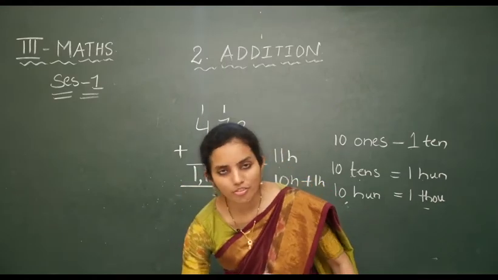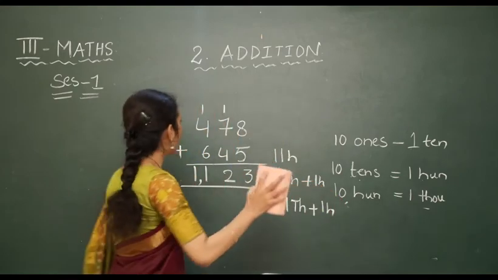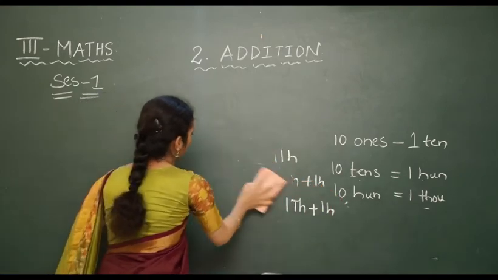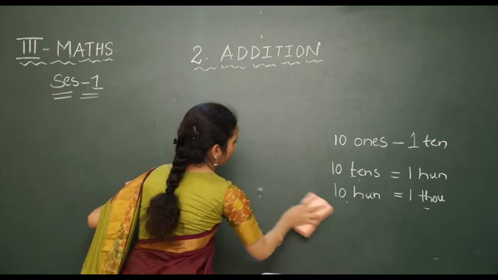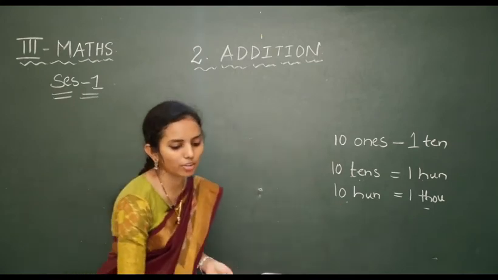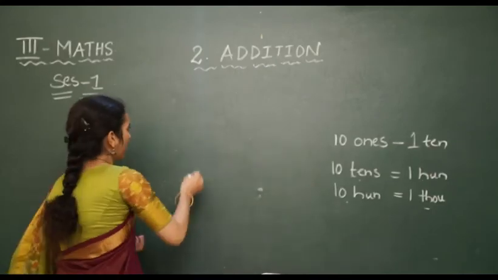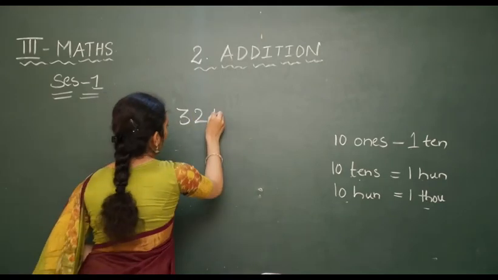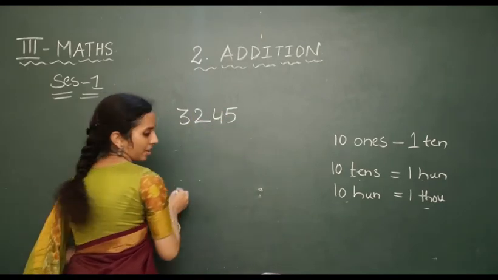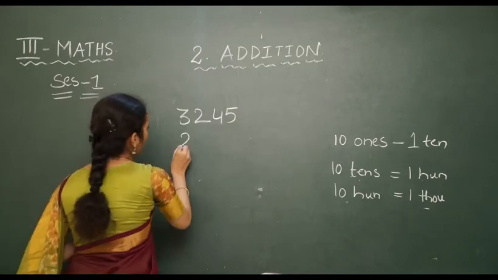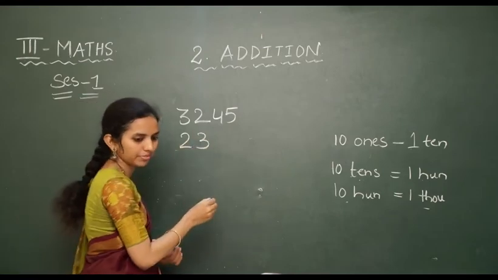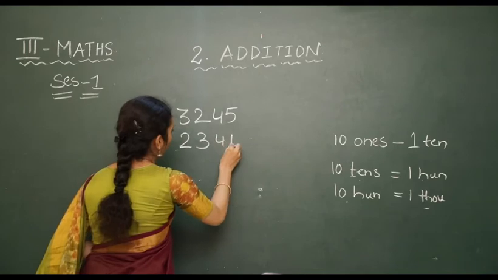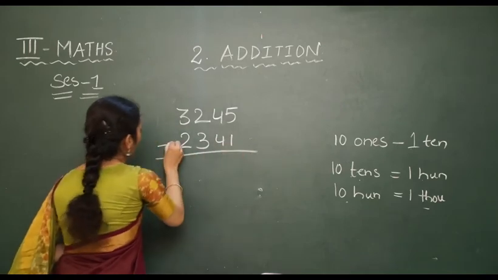Now adding of bigger numbers. Let us see the topic of adding of bigger numbers. Example, 3245 and 2341. How do we add?